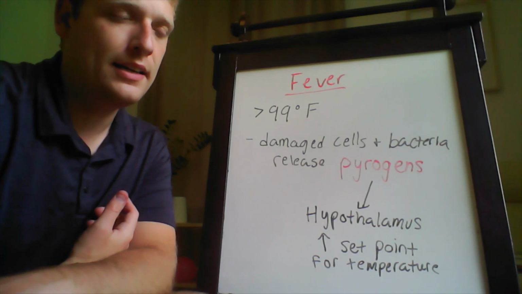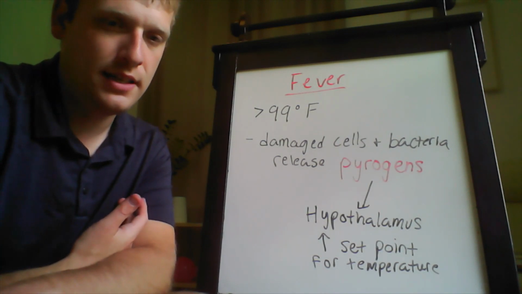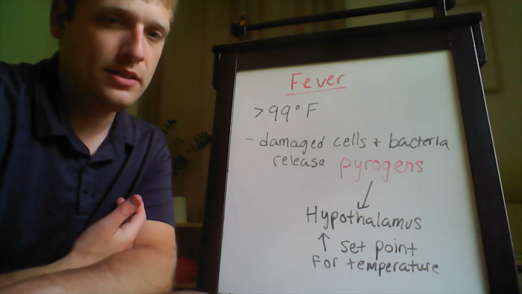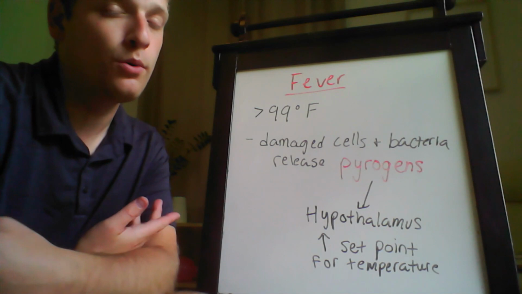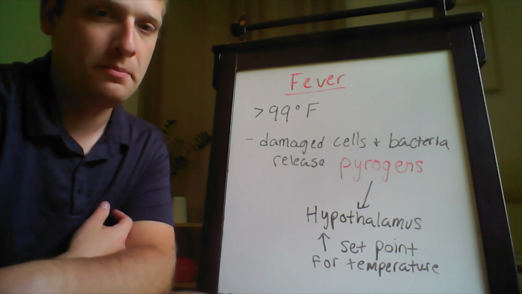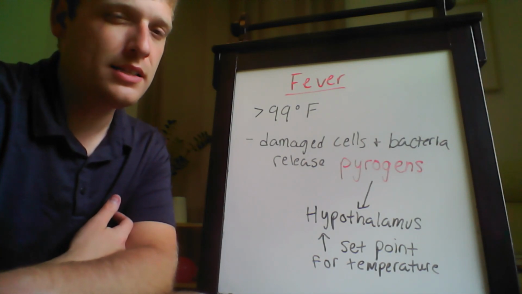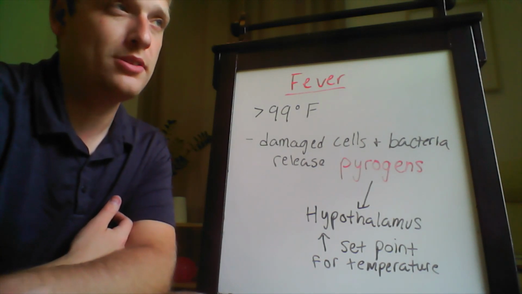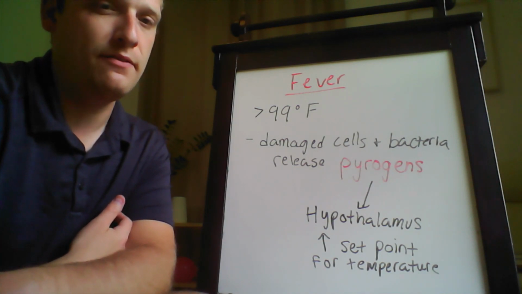It's thought that an increase in body temperature can increase the efficiency of phagocytosis. So in essence, the kind of working theory is that phagocytes are better at doing their job of clearing infections at higher temperatures. So that's kind of thought of as being the most likely explanation for why we get fevers in the case of an infection.